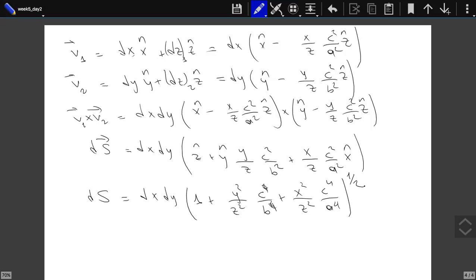Then, of course, you have the integrals, not so trivial integrals, but nevertheless, you have to replace z by its expression in terms of x and y. You see, z squared was c squared times 1 minus x squared over a squared minus y squared over b squared.